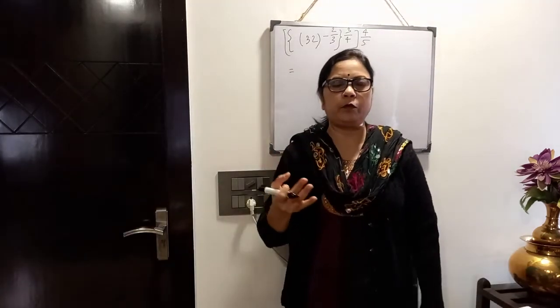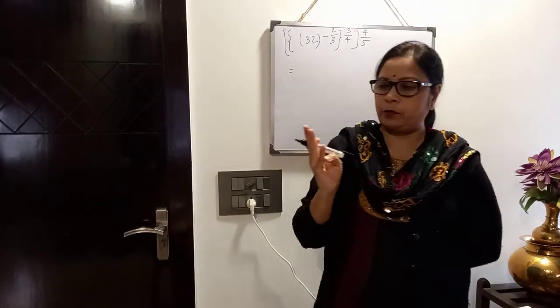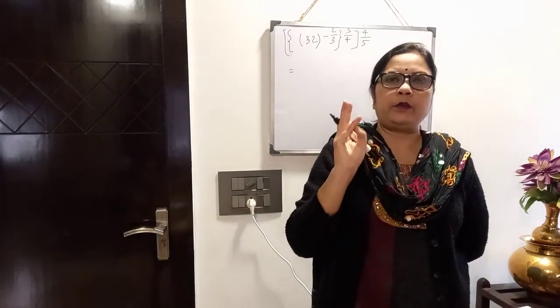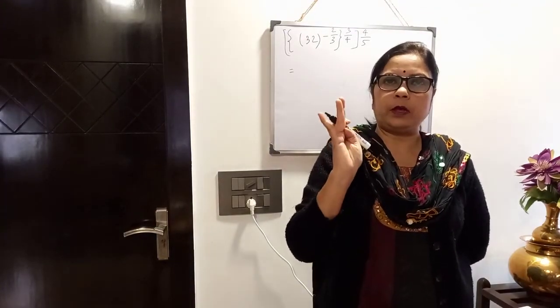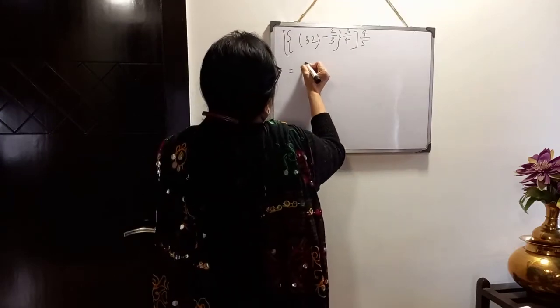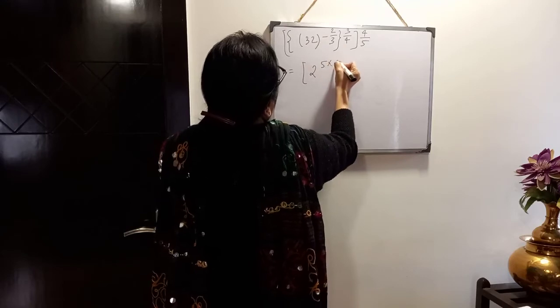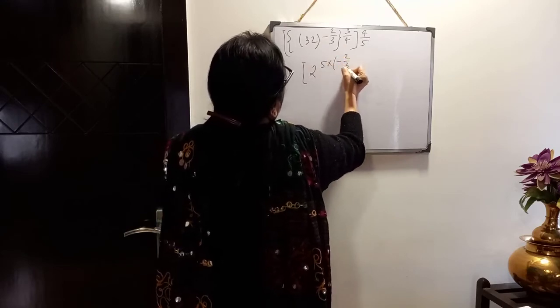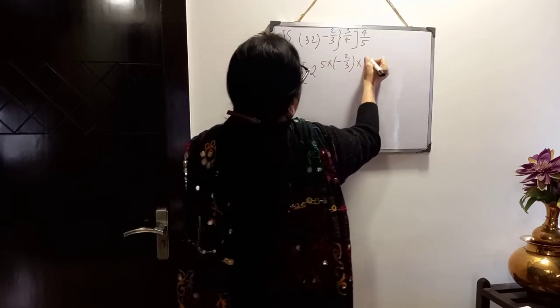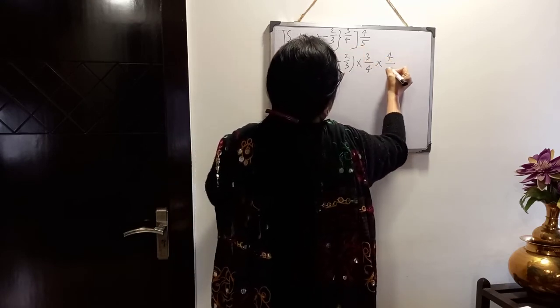So in terms of 2, if you will calculate the LCM of 32. 2 2s are 4, 4 2s are 8, 8 2s are 16, 16 2s are 32. So 2, if you multiply 5 times, it will become 32. So 2 to the power 5 here into minus 2 by 3 into 3 by 4 into 4 by 5, all these powers will be multiplied.